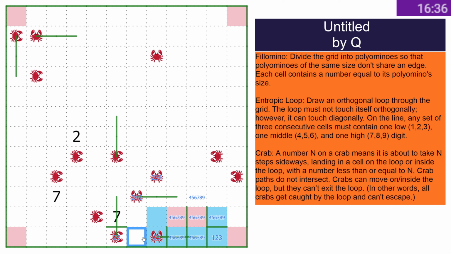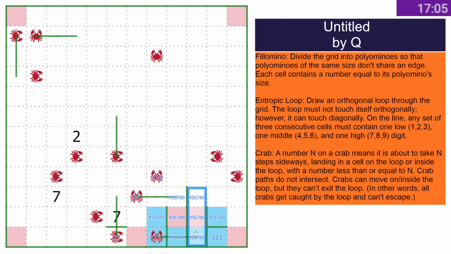I think I'm starting to get the gist of what sort of things I'm meant to be looking out for. So now this region comes all the way up to there. That's not a 2. Whichever way this guy goes, in terms of where the loop goes, they're different regions.